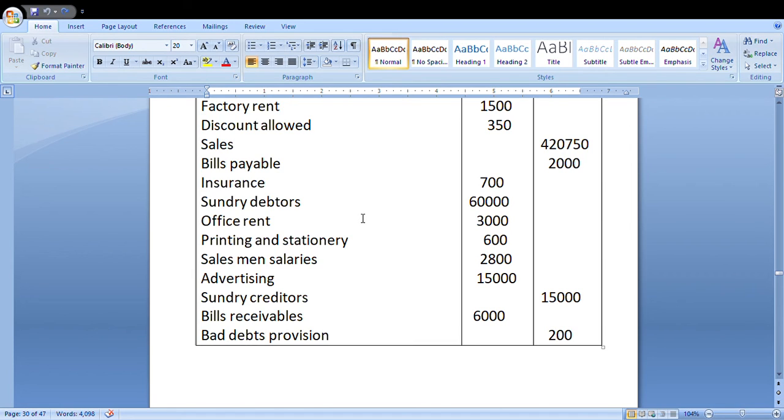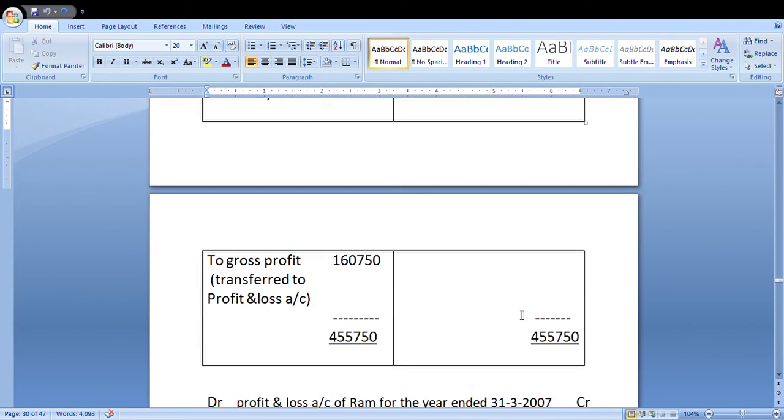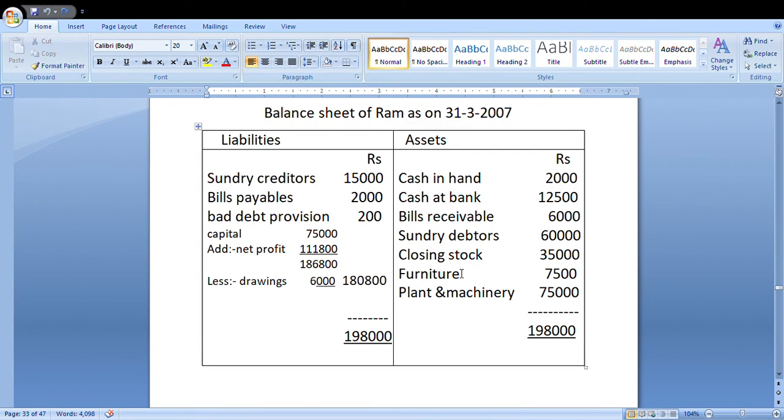Sundry debtors are also an asset. Enter the asset side in the balance sheet. Sundry debtors 60,000. This is also an asset.